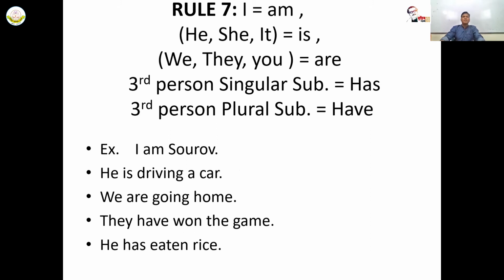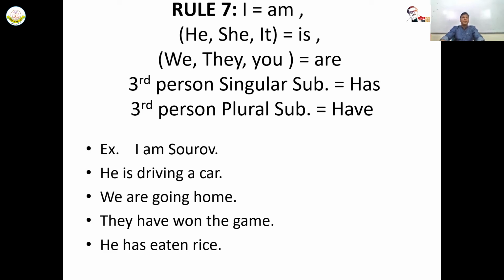So now rule 7. I think it is the easiest rule because at this intermediate level, we all know this. I always takes am, he, she, it always take is, we, they, you always take are, and third person singular always takes has, and plural subject always takes have.